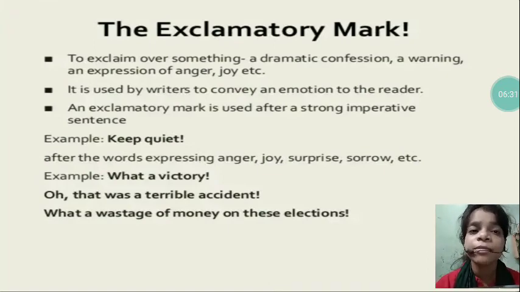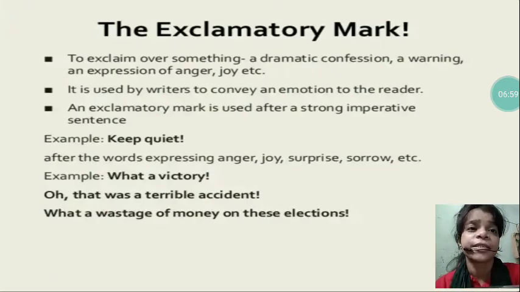It's an order. What a victory! It's denoting happiness, joy. Oh, that was a terrible accident! It is denoting sadness. That's why the exclamation mark is used. Whenever we have to express any kind of feeling, we use an exclamation mark with an exclamatory sentence.